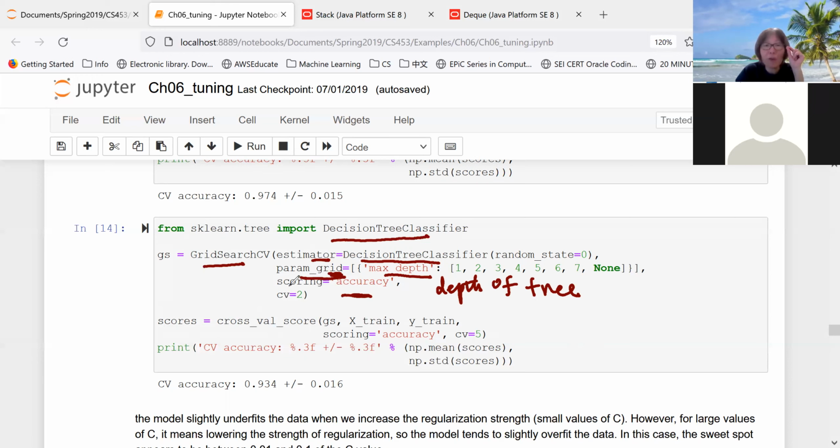Scoring is still using accuracy, and the cross-validation fold is 2, and then we do cross-validation. For this cross-validation, we can collect the score. Then you just plug in this grid search with training. So nothing new here. Then we can also find its mean value and its standard deviation.